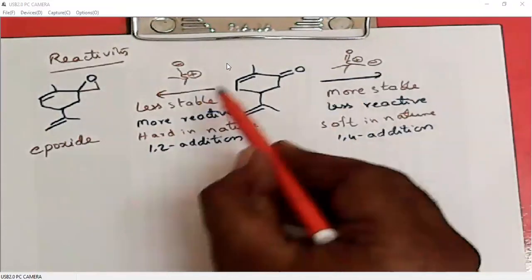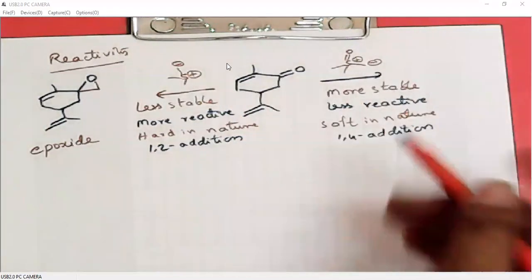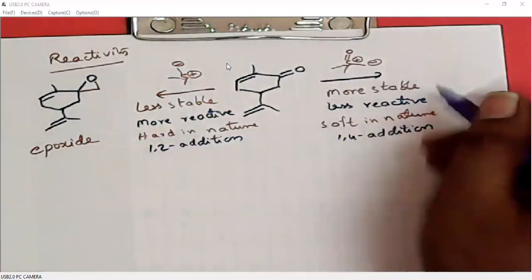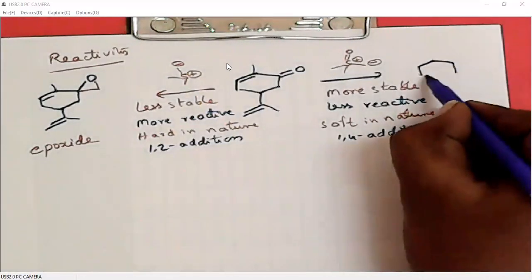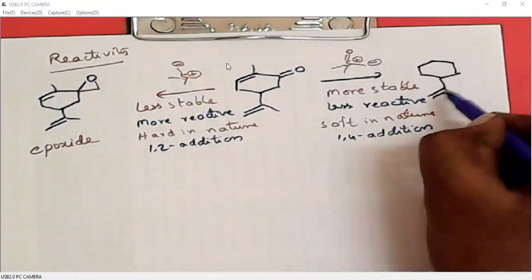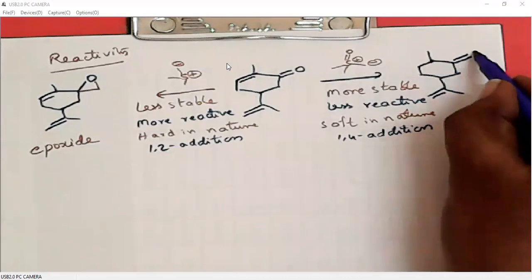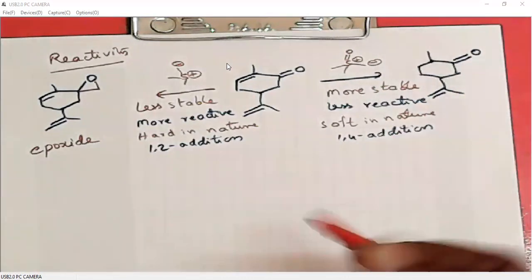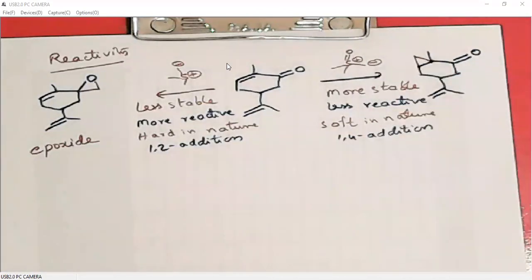That means it will attack the fourth carbon, so it generates a three-membered ring, a cyclopropane. It will not interact with the carbonyl; it will form a three-membered ring.